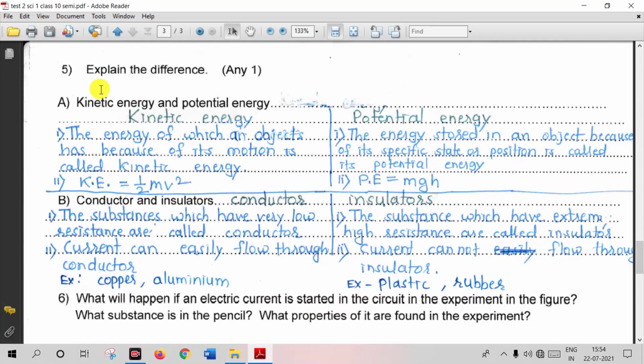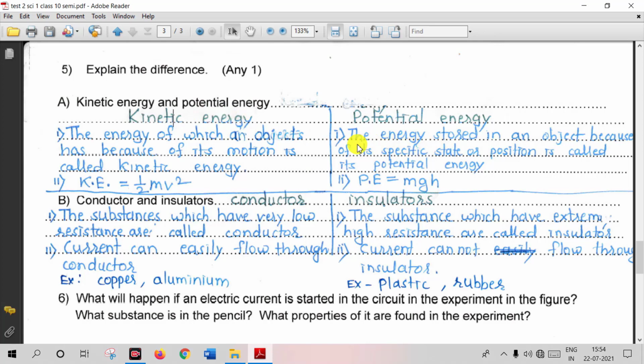Question number 5. Explain the difference, in which we have been given 2 questions and we have to write only 1. First difference is kinetic energy and potential energy. First point of difference is the energy which an object has because of its motion is called kinetic energy.